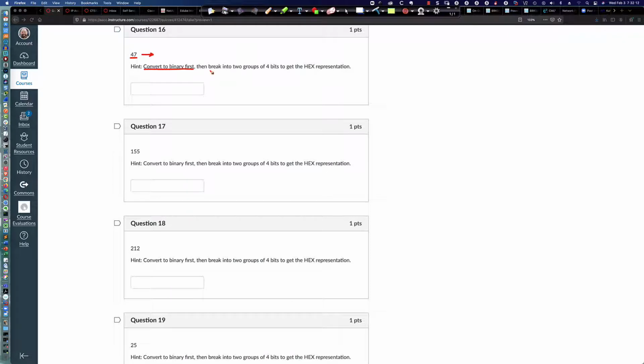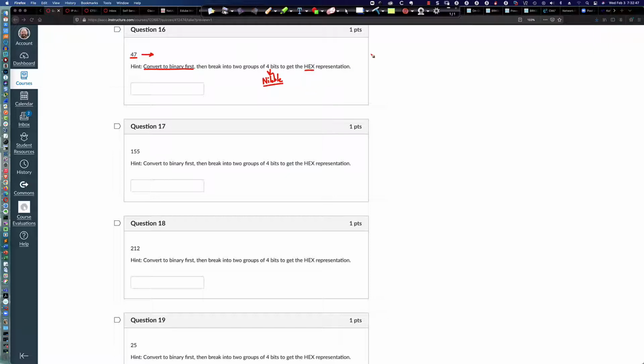And now you're going to see why I was talking about the high order bits and the low order bits and grouping things into 4 bits, which we refer to as a nibble. So we're going to break the octet that we get, the resulting octet from converting this decimal value into binary, into 2 nibbles, 2 groups of 4 bits each, and then we're going to get the hexadecimal representation from there.